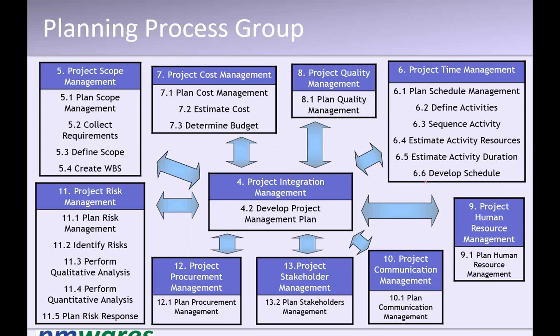But what we do in normal projects is we fast track the planning process, and therefore we spend more time in execution and control than actually in planning, and therefore we increase the total duration of the project. If we spend more time in planning, it will reduce the total duration of the project.